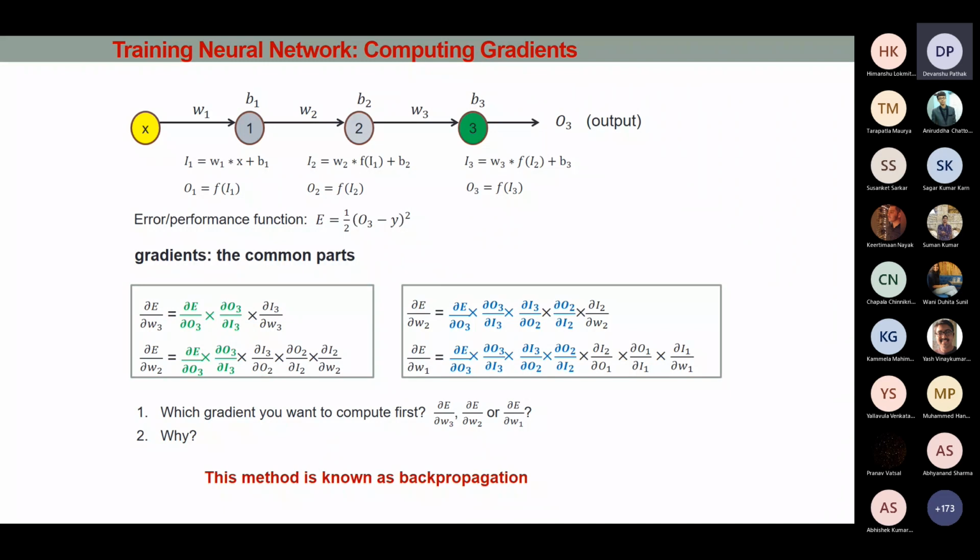Now my question for you is this: how many partial derivatives, rather the length of the expression you have to compute, when you are computing ∂L/∂W1? If you are unable to follow my question, let me know, I can repeat. You have n hidden layers, and every hidden layer will have only 1 node.